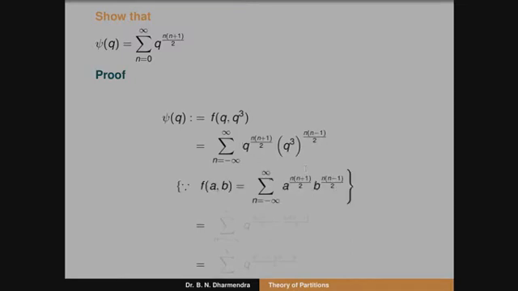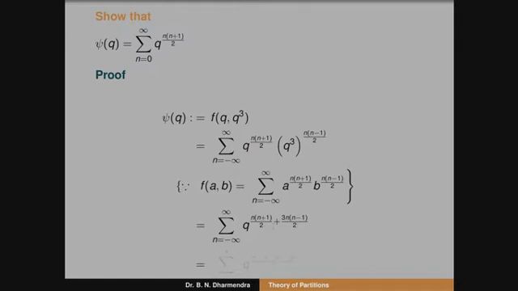Here also the base is q, so we can add the powers of q. That is equal to summation n running from minus infinity to plus infinity q to the power of n into n plus 1 by 2 plus, when multiplying by 3, 3n into n minus 1 by 2.